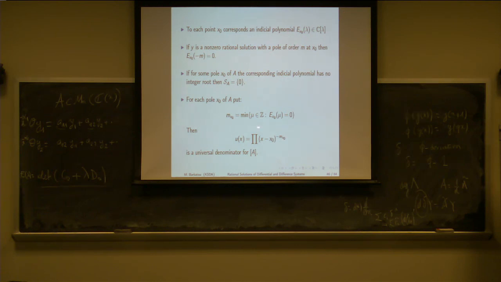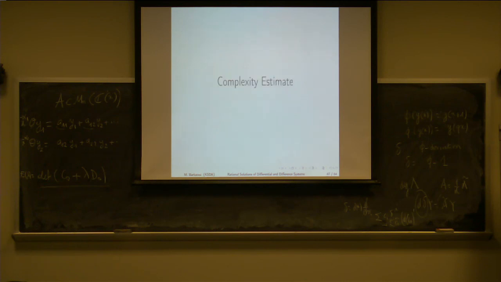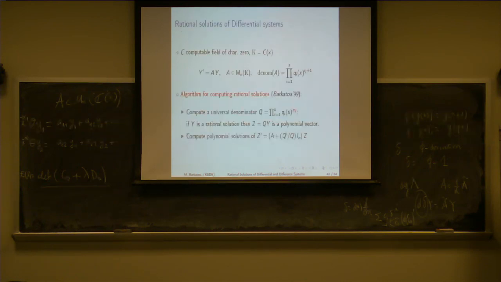And then you get, for example, for a homogeneous system, the universal denominator given by this product. So it's almost trivial. The only difficulty here is that once you have these initial equations, then everything is easy. Okay, I have to hurry up.